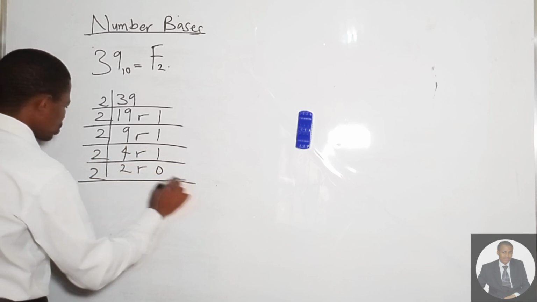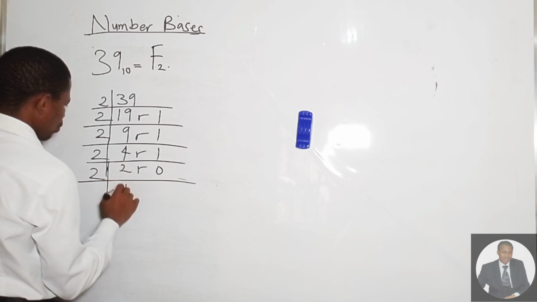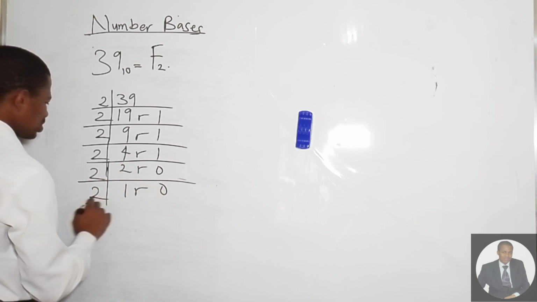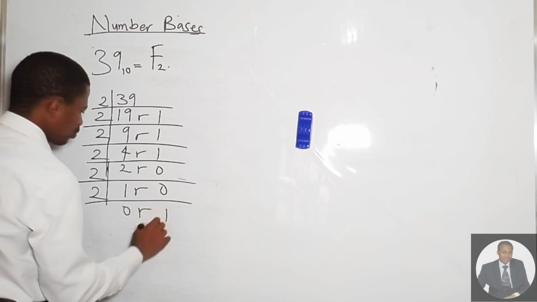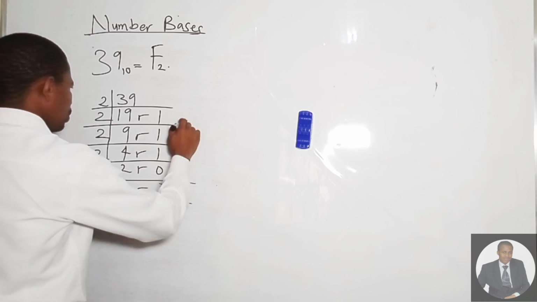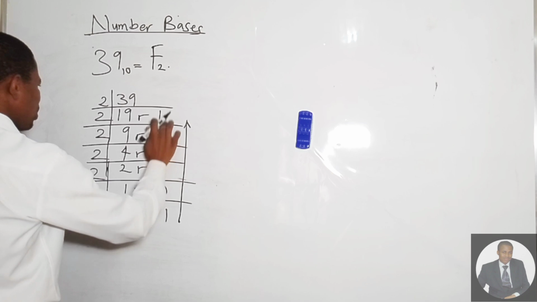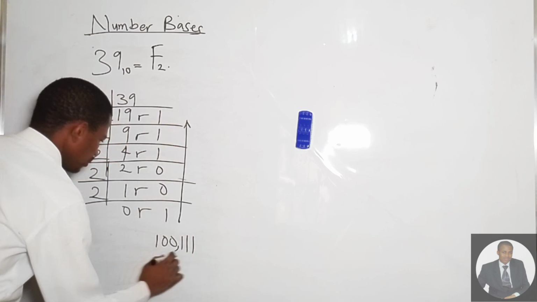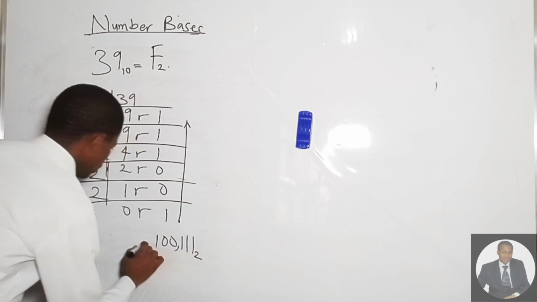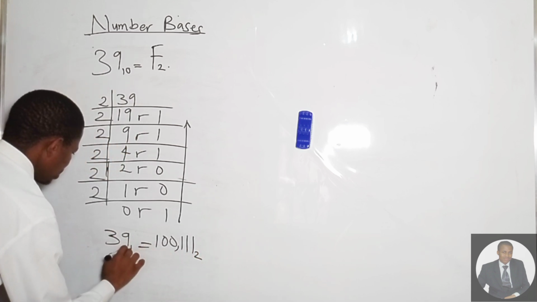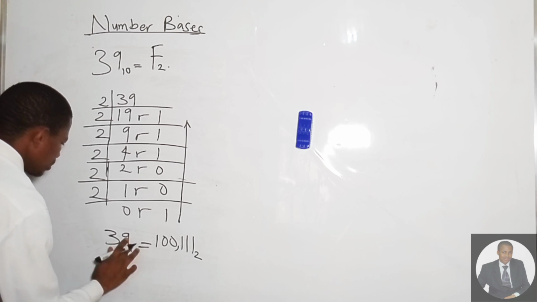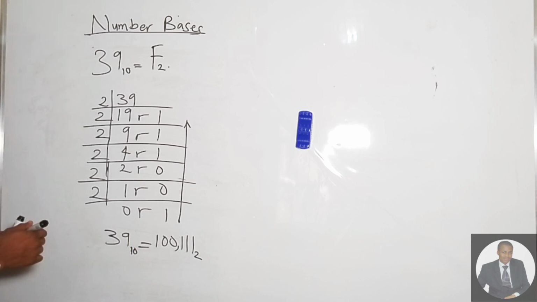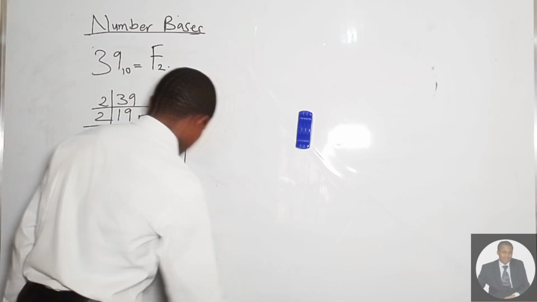How many 2 is in 2? 1, remain 0. How many 2 is in 1? 0, remain 1. So our answer will be 100111. So 39 base 10 is the same thing as 100111 base 2.